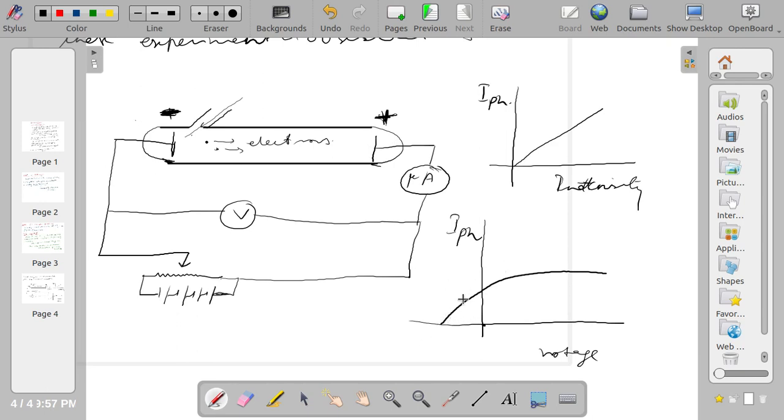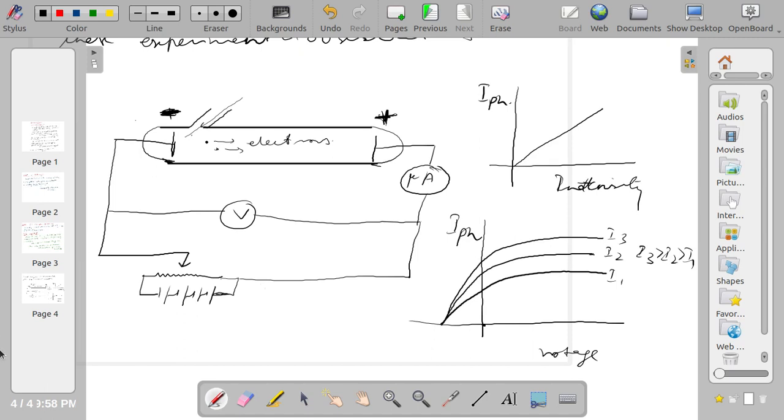If we perform the same experiment at a particular frequency but at different intensities, we obtain such a graph. Here it is I3, I2, and I1, representing the intensity. I3 is greater than I2 and I1.